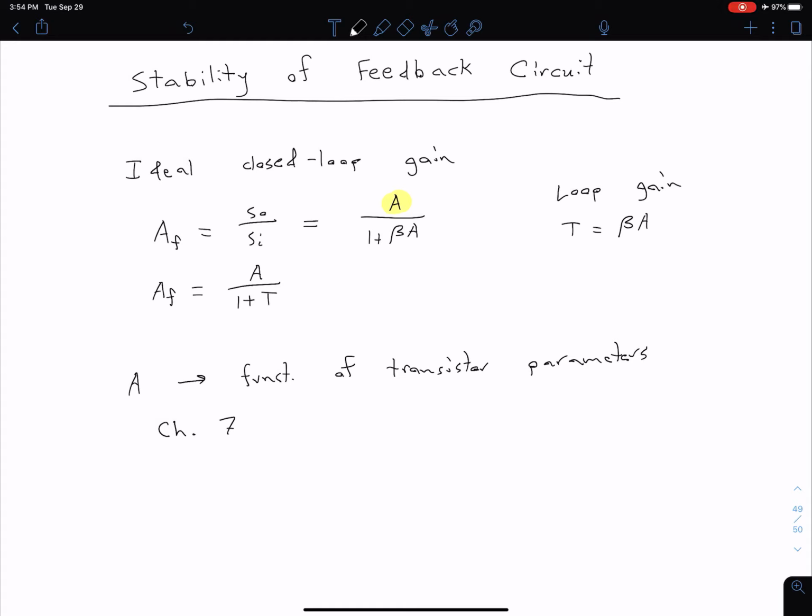What that means is that for our transistors, these parameters are changing as our frequency changes. Let's be more general and say our behavior changes as our frequency changes. So that means this A, this open loop gain, is a function of frequency.